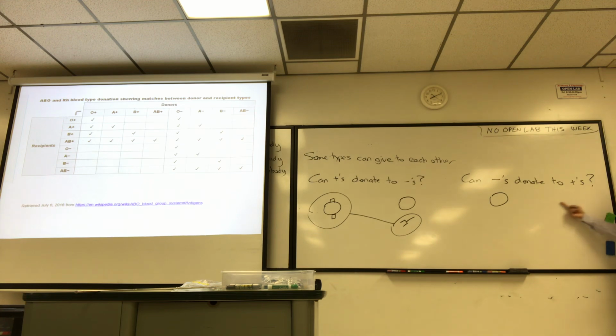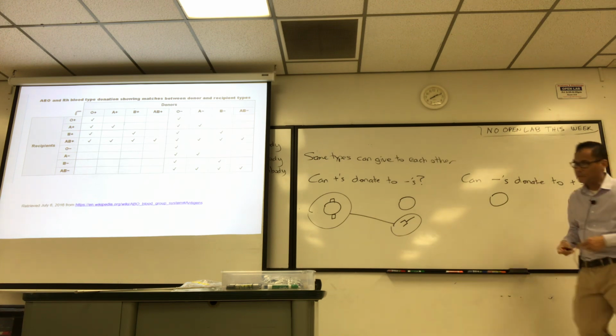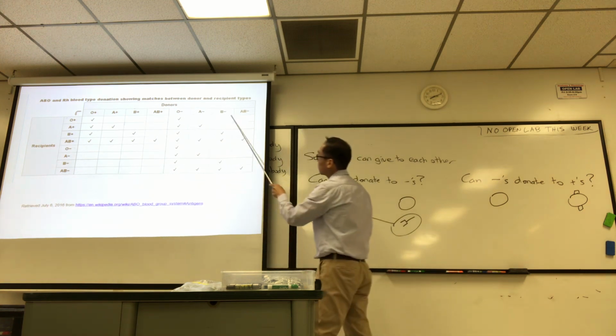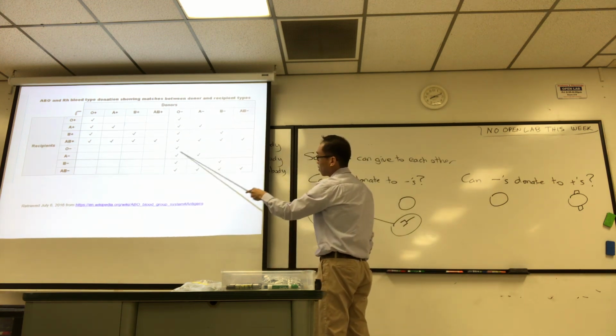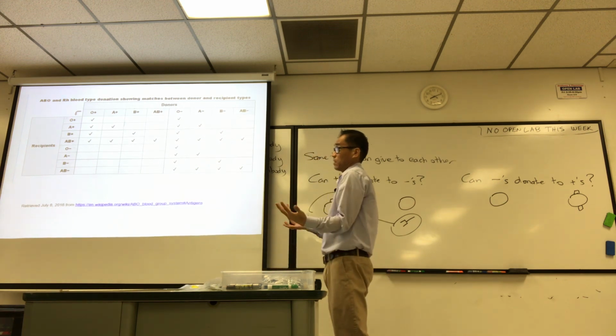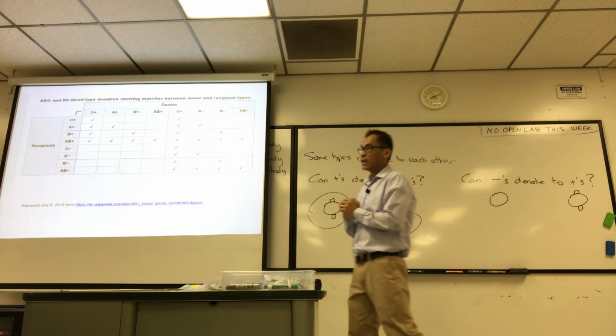So if you're positive for Rh, it doesn't matter whether you have the antibody or not, you're getting blood that is negative for that antigen. So it's always the same reasoning. So what's the answer? Yes or no? Yes. The answer is yes, and let's look at the table. If you're negative, it looks like you have check marks in both positive and negative. So you can donate to either positive or negative because you don't have the antigen.